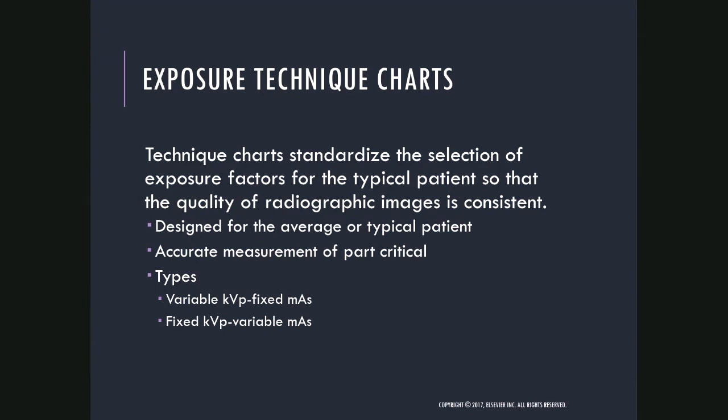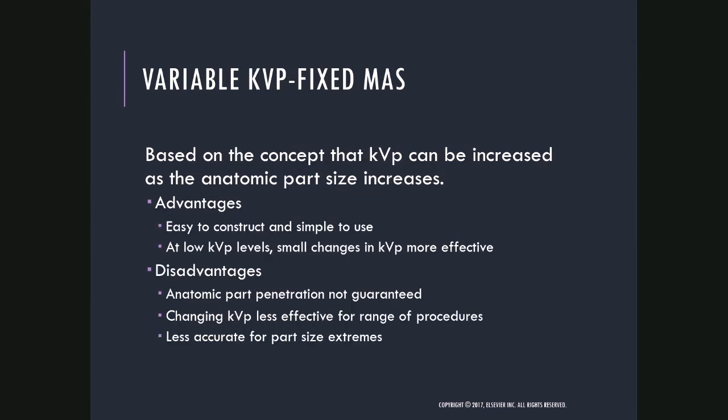I personally am a fan of a fixed KVP and variable MAS chart because that MAS math is so much easier than figuring out KVP math. But y'all do you. All right, in a variable KVP fixed MAS chart, it does just what it says. You measure the part and you change the KVP based on that part thickness.